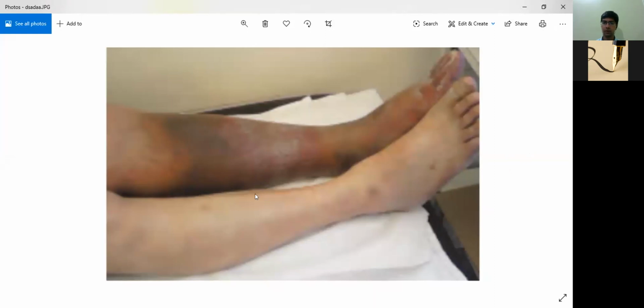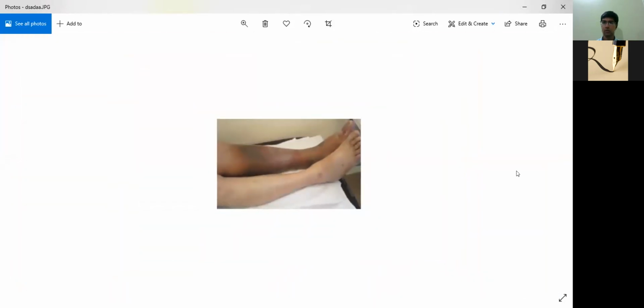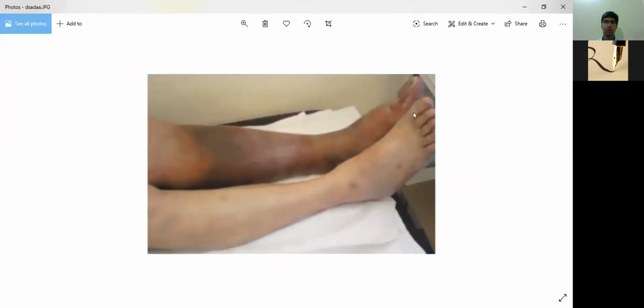I'll show you the diagram. Just wait. So that, we have to determine which stage it is.